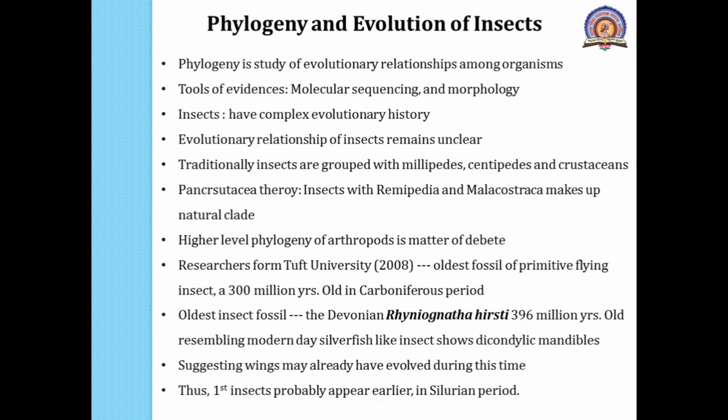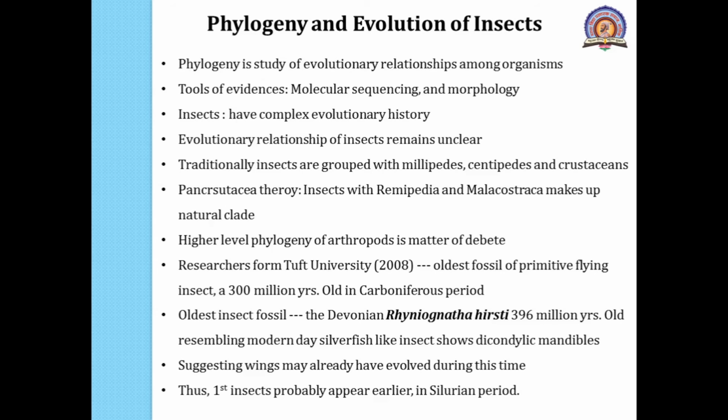So they revealed the presence of insects in the Carboniferous period, about 300 million years ago. The oldest definitive insect fossil is found in the Devonian period, and the name of that fossil is Rhyniognatha hirsti, from 396 million years ago, which is considered the oldest insect fossil.